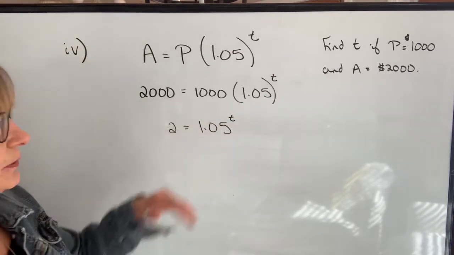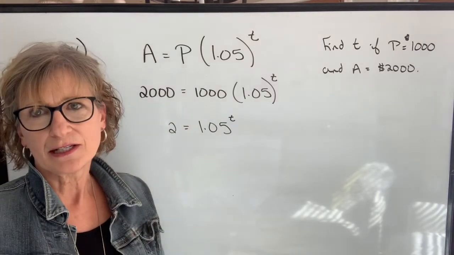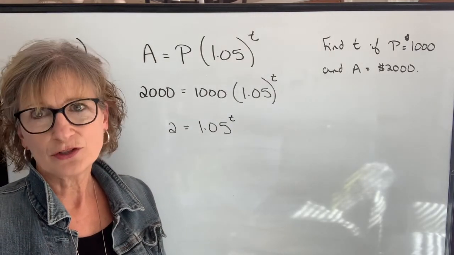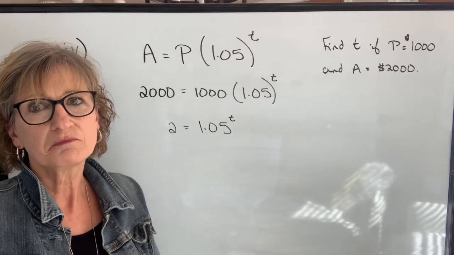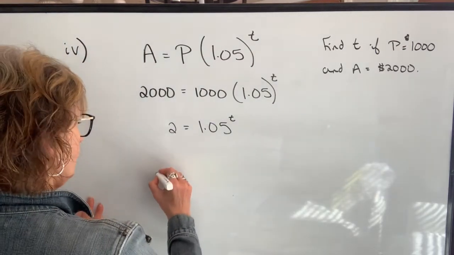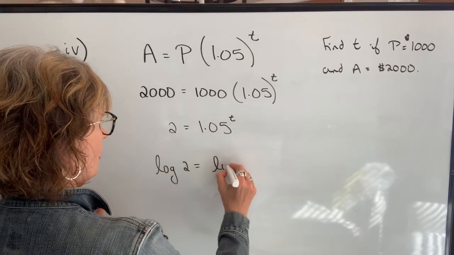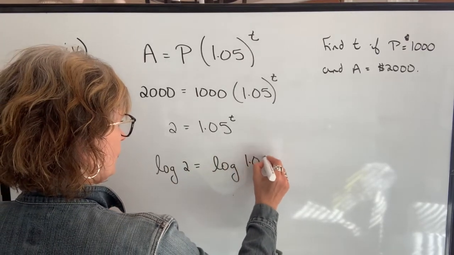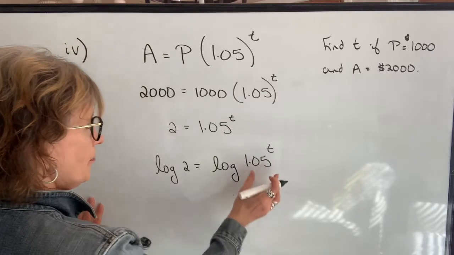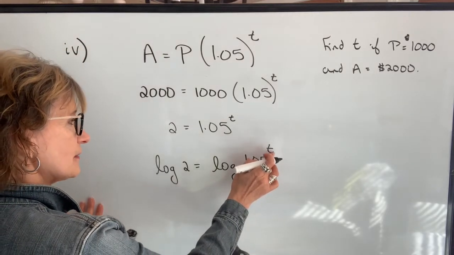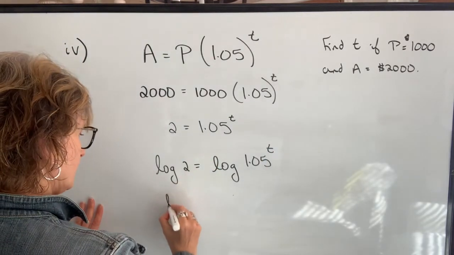Now it's a simple exponential equation. I'm going to take the log of both sides. It doesn't matter if I use base 10 or base e. I'll use base 10. So the log base 10 of 2 will equal the log base 10 of 1.05 to the t. My third property of logs allows me to bring that t out front.